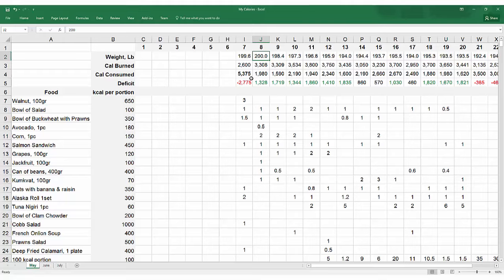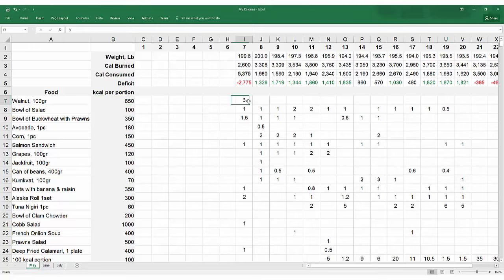The biggest mind-blowing thing for me was walnuts. I had no idea that walnuts are that high in calories. So 100 grams of walnuts has 650 kilocalories of energy.